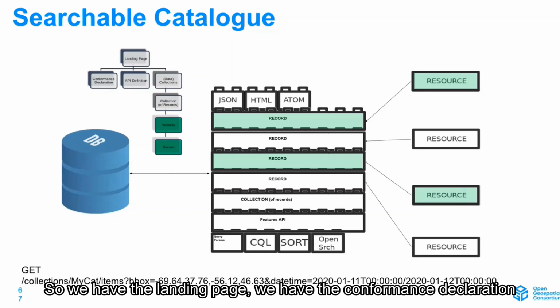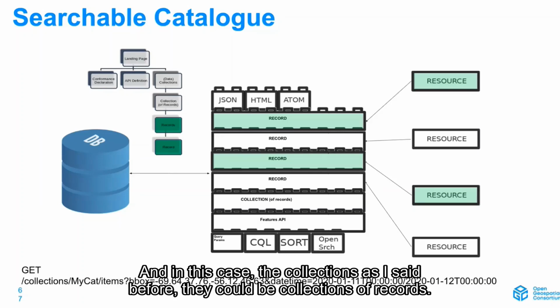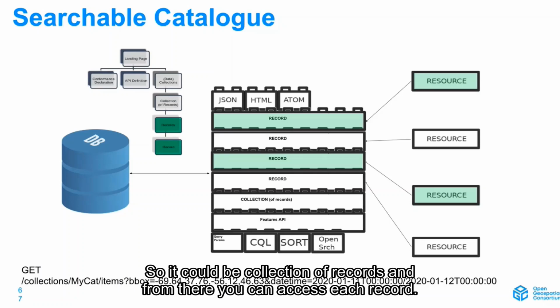We have a landing page, we have a conformance declaration. So it's a full-fledged OGC API. And in this case, the collections, as I said before, could be collections of records, and from there you can access each record.